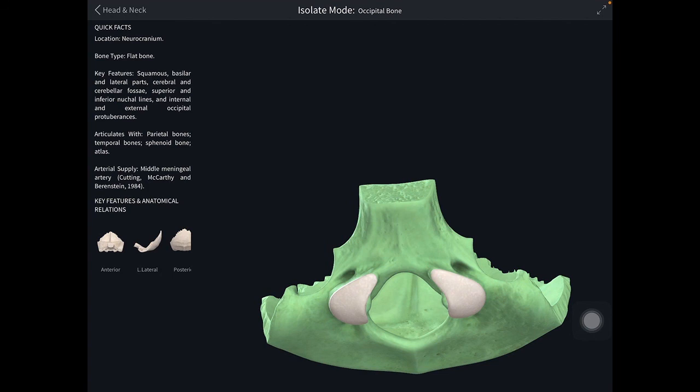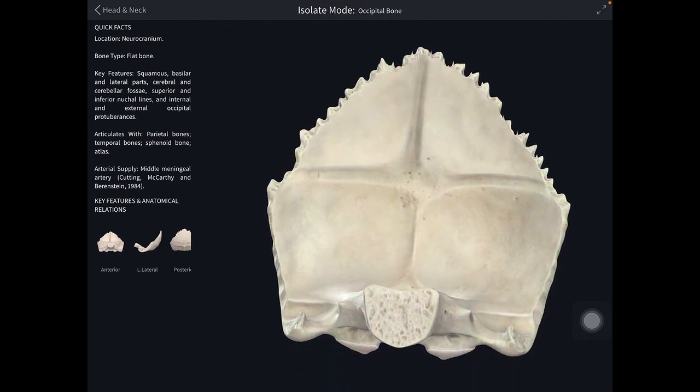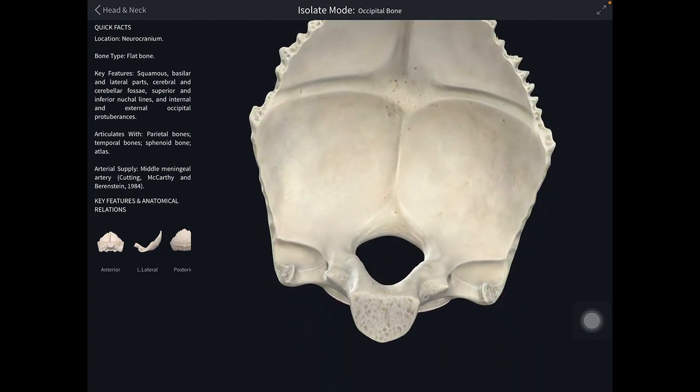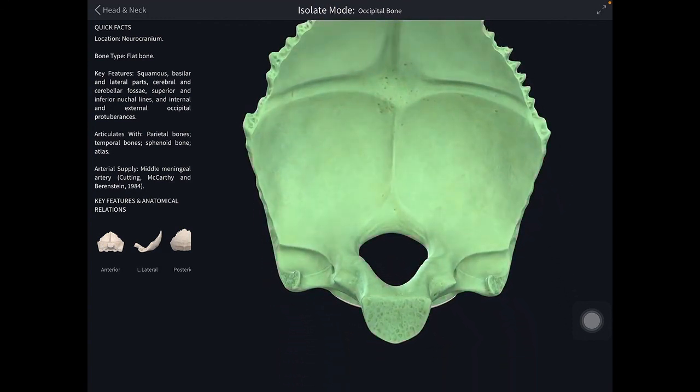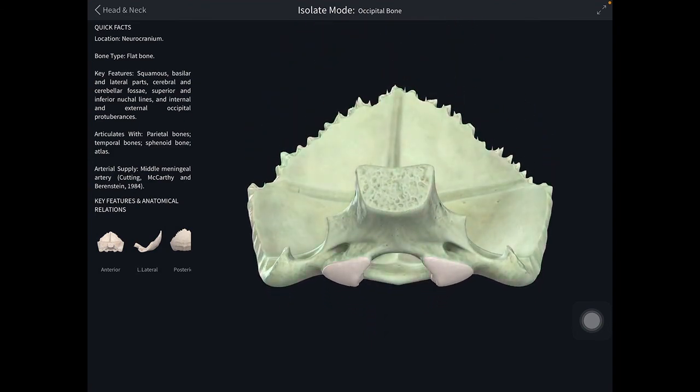Basilar part presents 3 surfaces: anterior, superior and inferior, and 2 lateral borders. So these are the surfaces of the basilar part. Now you have to keep this in the anatomical position, then you can understand anterior, superior and inferior.